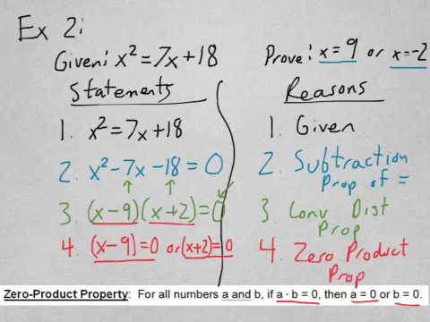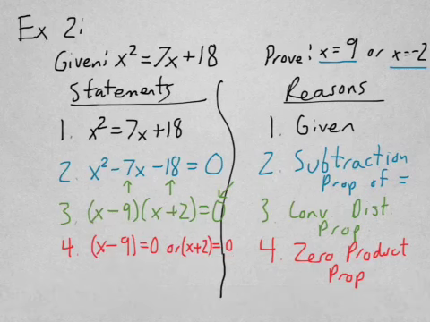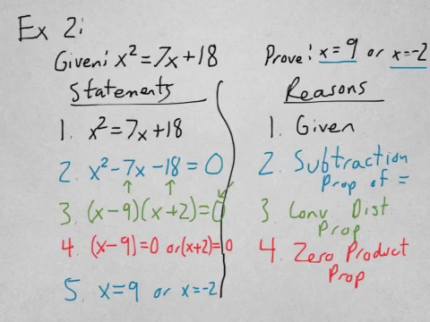Now then, we can come to our conclusion. Now we know if x minus 9 is 0, the value for x that makes that 0 is 9. And if x plus 2 equals 0, then the value for x that makes that 0 is negative 2.